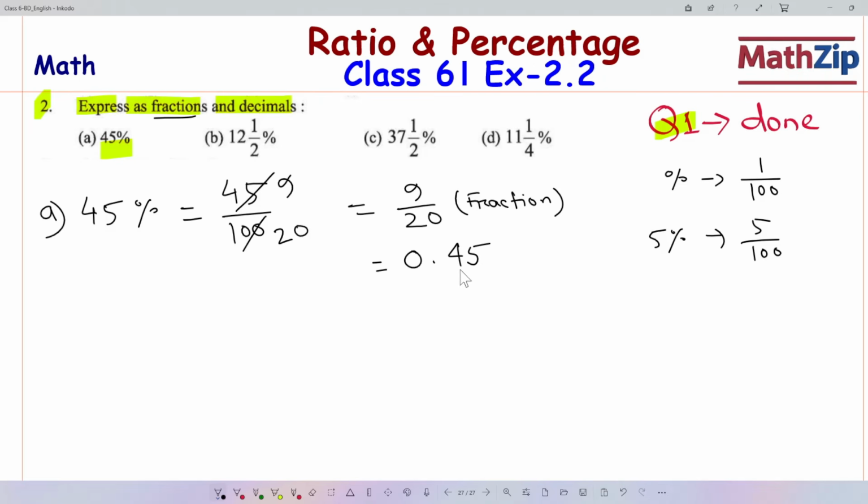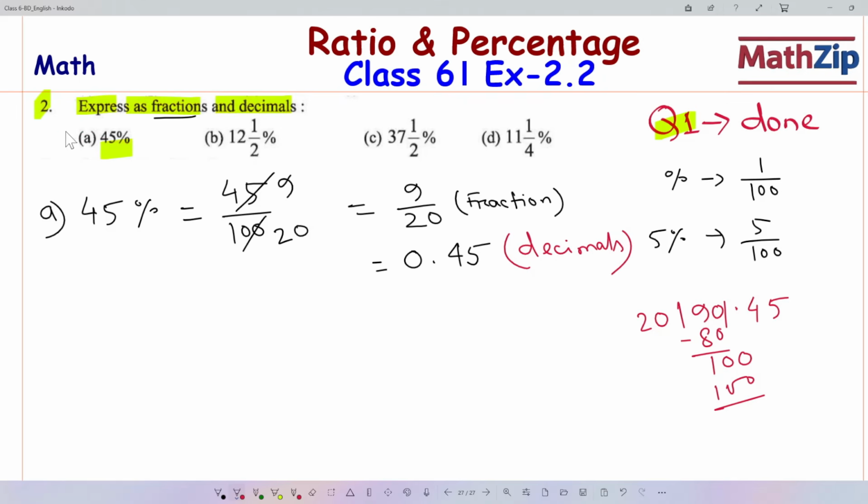But if you are not allowed to use a calculator, you need to divide 9 by 20. 9 is not possible, so we use a decimal: 0. 4 times 20 is 80, 9 minus 8 is 1, so we can use a 0. 5 times 20 is 100. So our answer will be 0.45. This is our decimal answer. Okay, so number A is done.